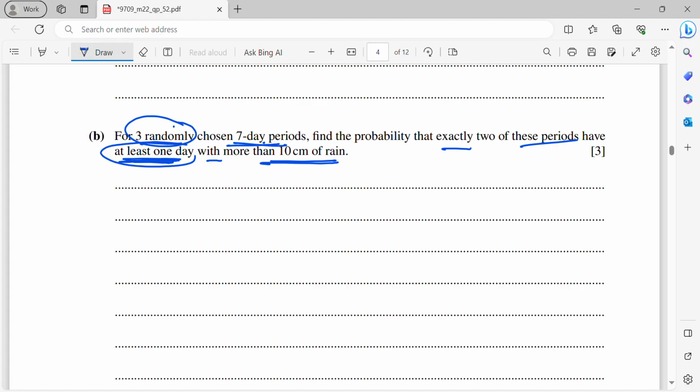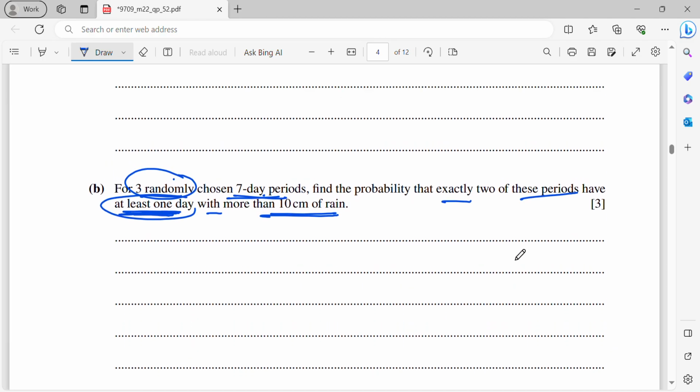When you refer to at least 1 day with more than 10 centimeter rain, now your X is out of 7 days, with p 0.18. I need to find what the probability is first. So P(X at least 1 day), therefore it will be 1 until 7. So I use 1 minus P(X = 0).